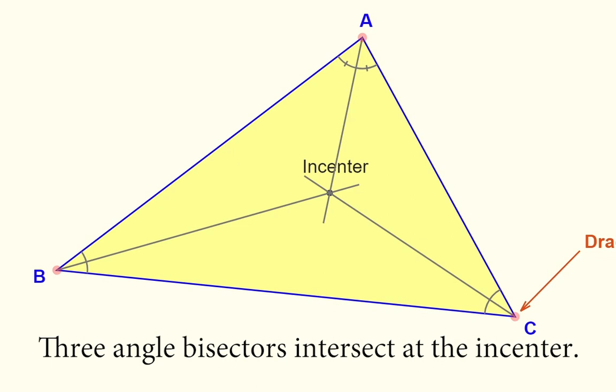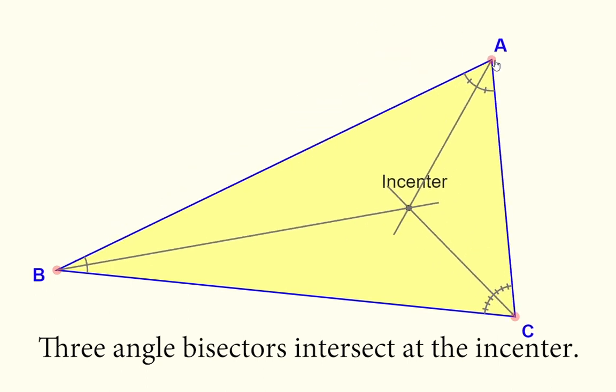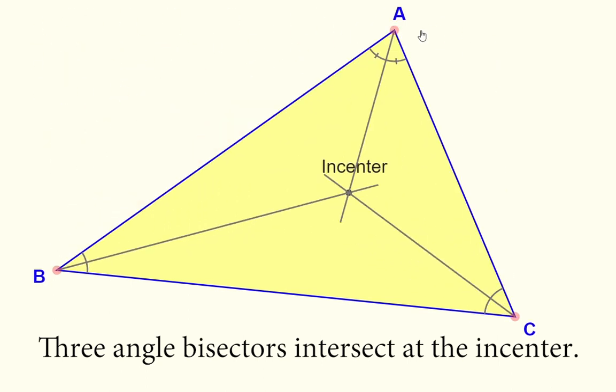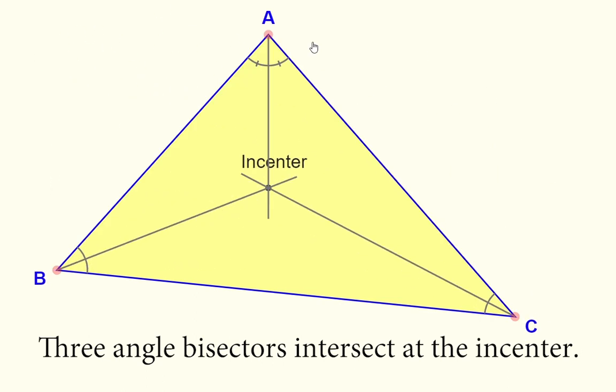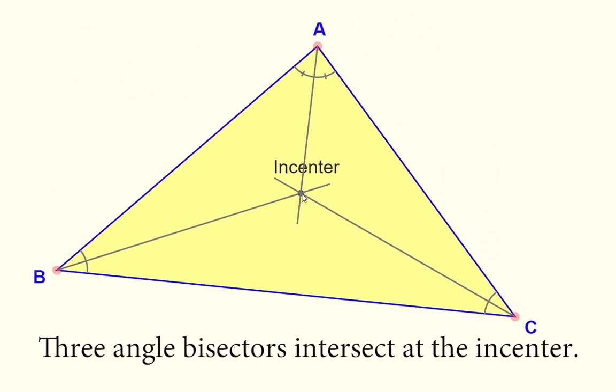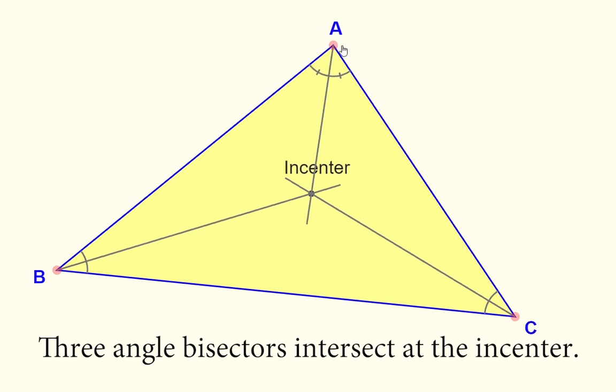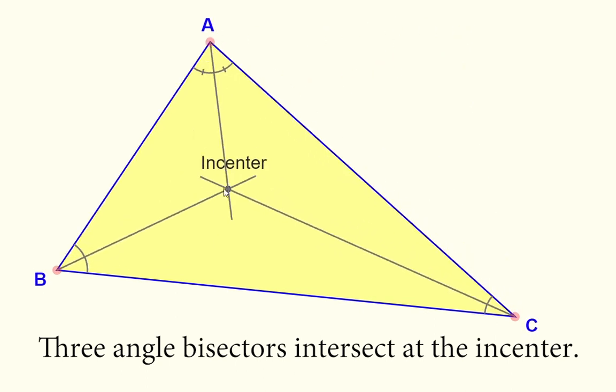Okay, so here we're just looking at the incenter, which is the point of concurrency, where three angle bisectors meet. And again, like the centroid, the incenter is always inside. Specifically, the incenter is the center of the inscribed circle that fits inside that triangle. Now, you don't see the radius of that circle.